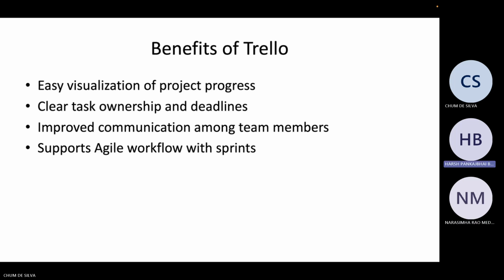Now I will talk about the benefits of Trello. It's easy to visualize project progress, and there is clear task ownership and deadlines, where team members can see which tasks they are doing and which they have to do. There is improved communication with comments, mentions, and file attachments giving context in one place.